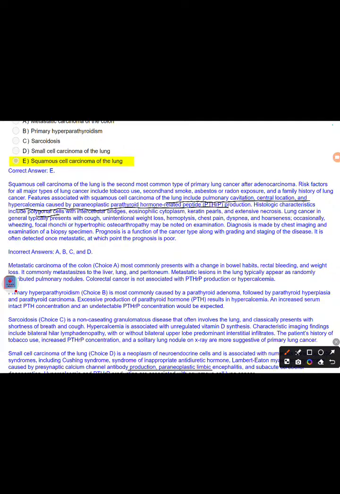Polygonal cells, intercellular bridges, keratin pearls because it is squamous cell, and extensive necrosis. Cough, weight loss, hemoptysis, chest pain, dyspnea, hoarseness.